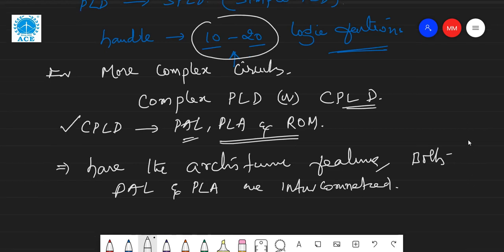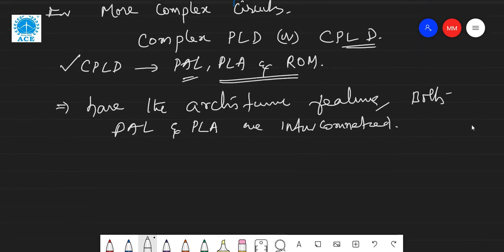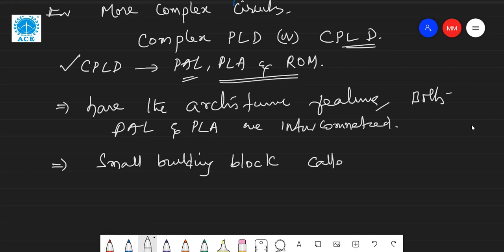And in this architecture we have small building blocks called macro cells. Anyway, we are going to discuss macro cells in detail. So macro cells contain logic for implementation.